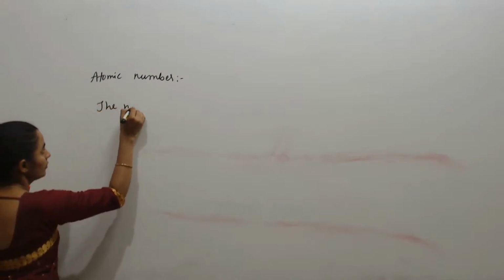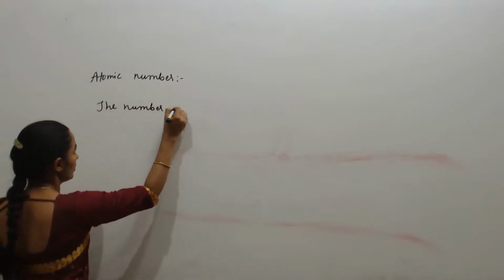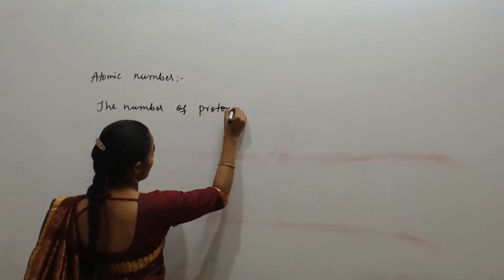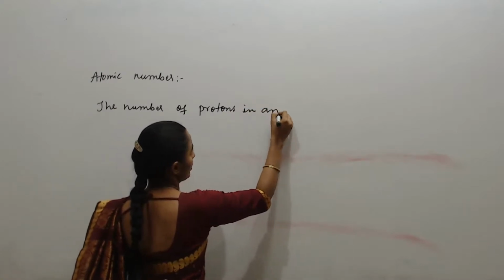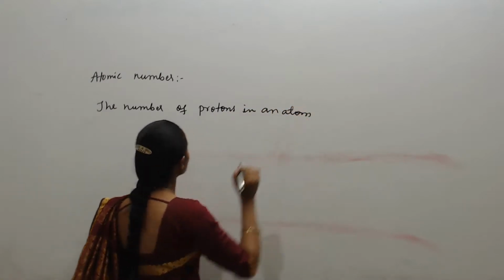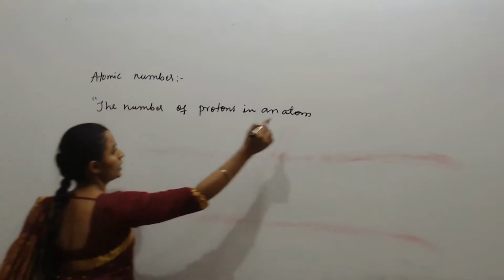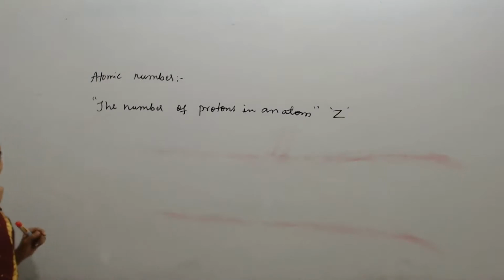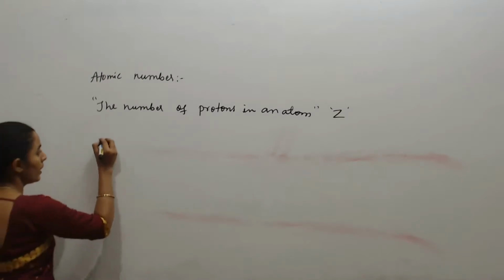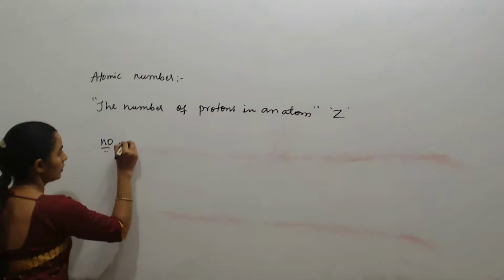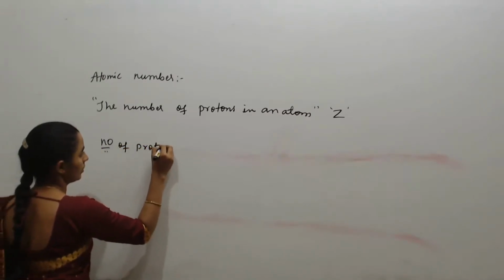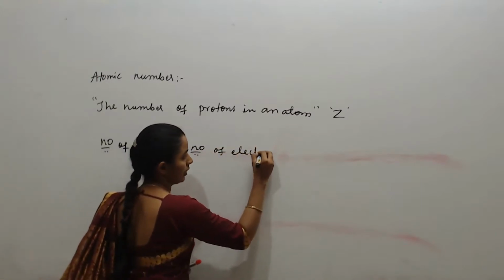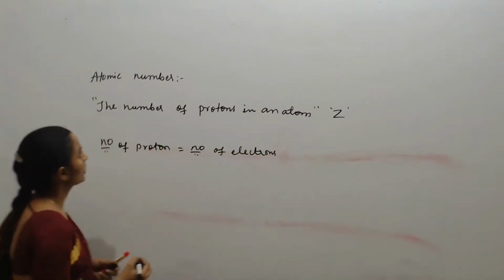The number of protons in an atom is called the atomic number, represented by Z. Another thing to remember: the number of protons is equal to the number of electrons.